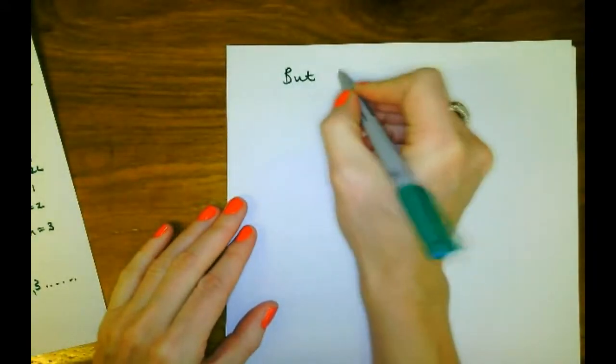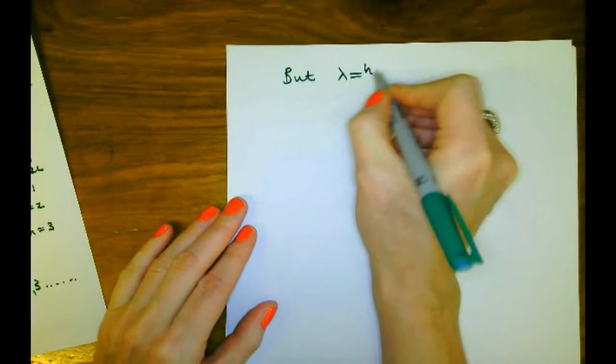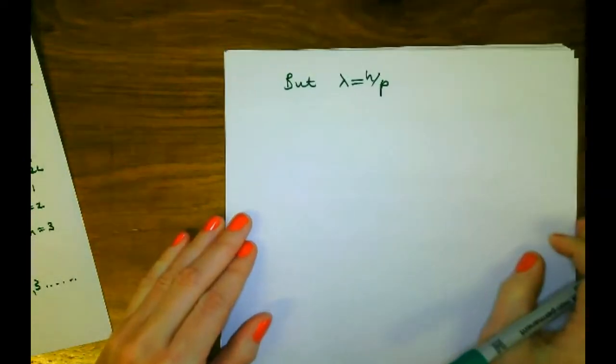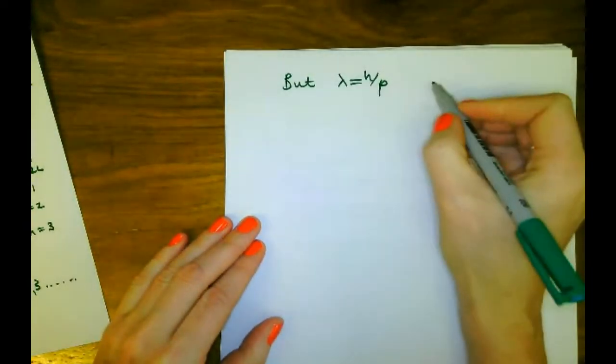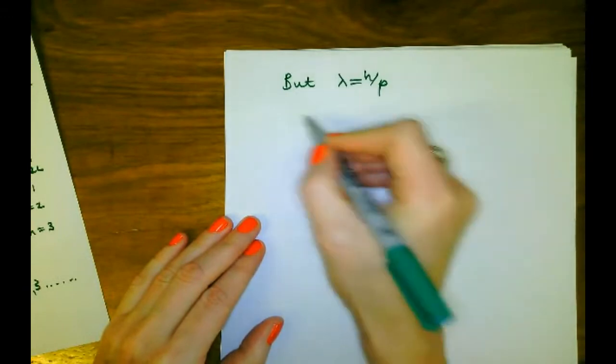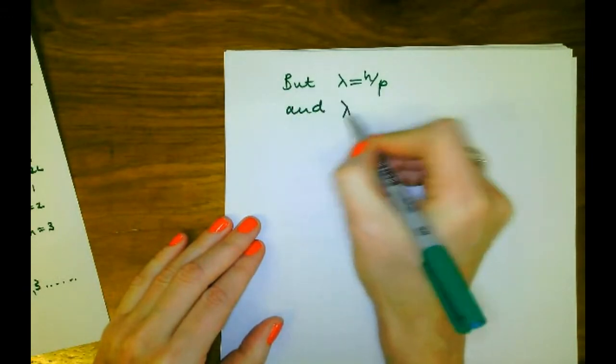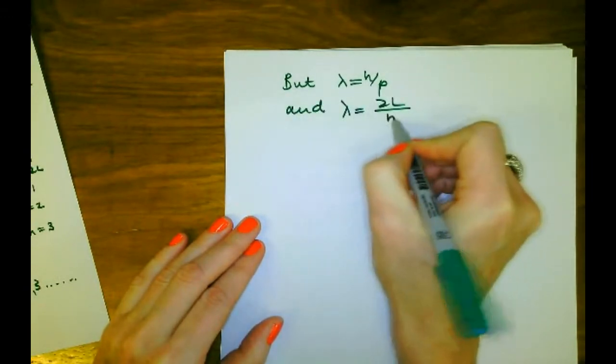Now we're going to use that equation, remember this wavelength equation, because we have another equation that describes wavelength. And we said these are de Broglie waves, and we have the expression for the wavelength according to the de Broglie equation. And we now also have this expression that we've just derived.